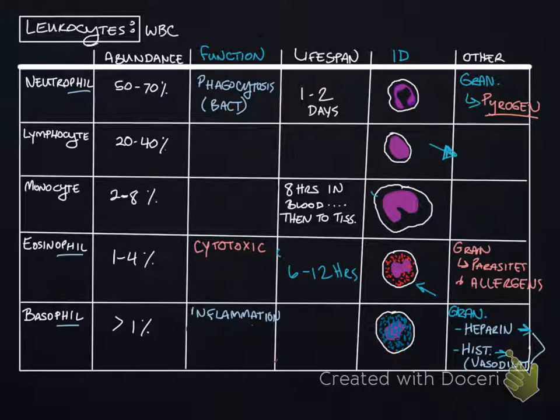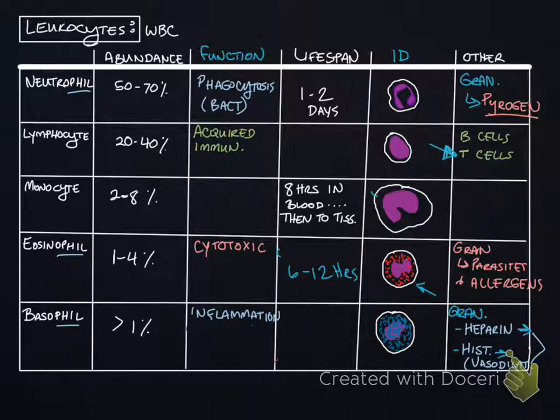Okay, let's talk about the other two. Lymphocytes, which are the littlest of the leukocytes. Their function is acquired immunity. And they form B cells and T cells, which we will talk about at length in the next chapter.